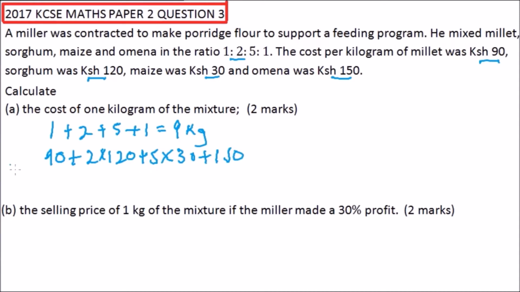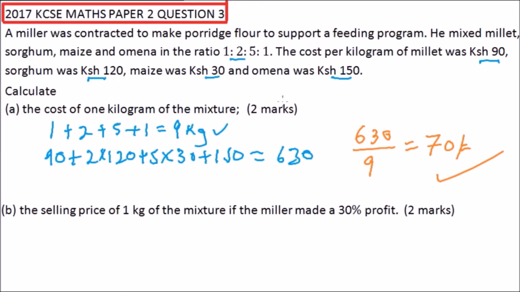From there the total cost he used is 630 and he had 9 kg. So we say 630 divided by 9 kg, the cost of 1 kg is equal to 70 shillings. So that is the cost, or the money the miller used to prepare 1 kg of the mixture.